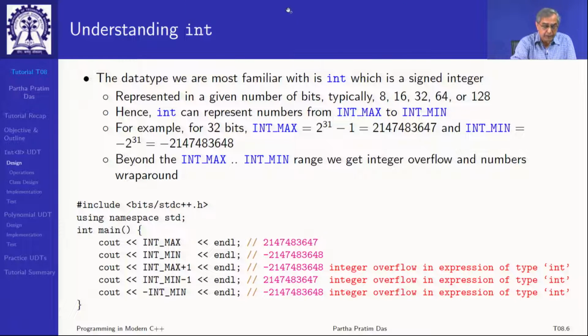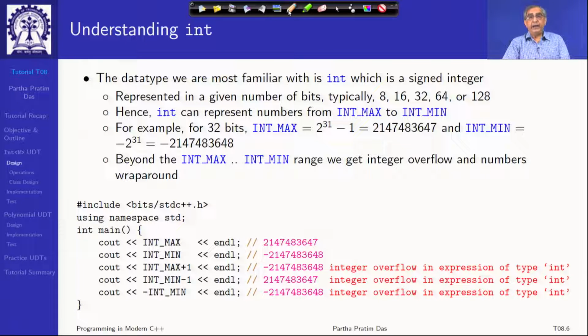Now, we know that for the int type, there are two constants that are defined in the system, from which you can know the size of this integer and the range of values that the int is going to represent.